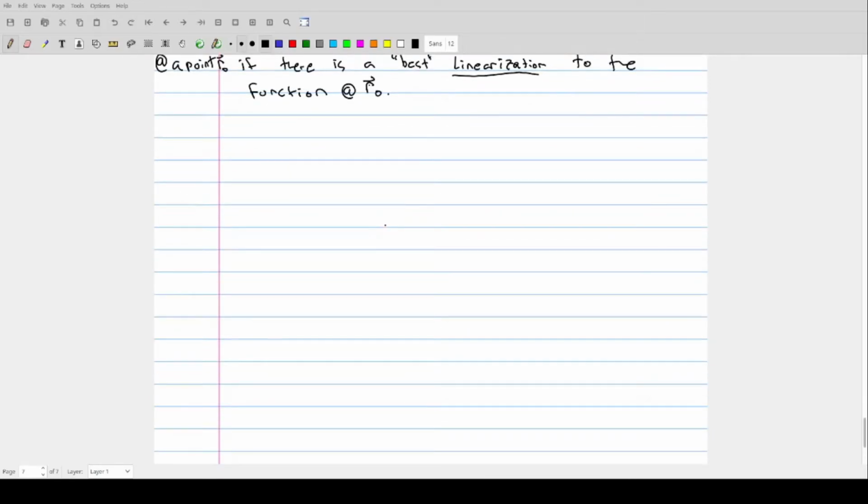For functions of 2 variables, this is the same as saying there exists a best tangent plane to the function that locally approximates the function, or you can define the tangent plane at a given point. So for a function of 2 variables, and we'll do this first, so 2D, the linearization is given by, we'll call it L of x comma y. This is the linearization of a function of x and y.